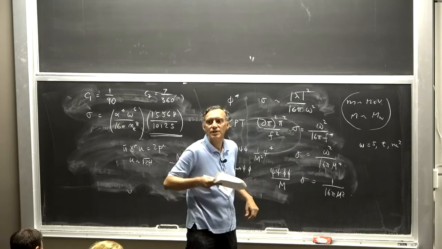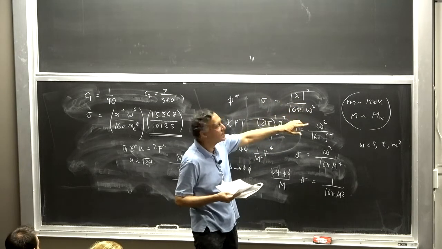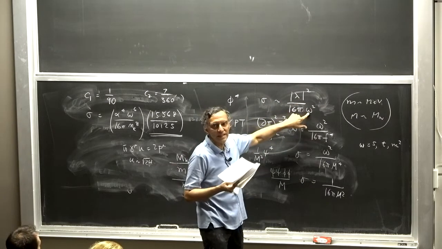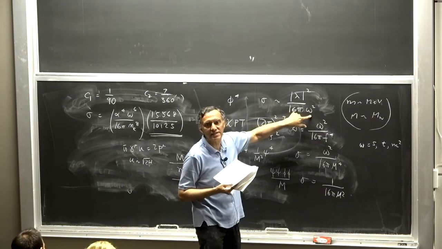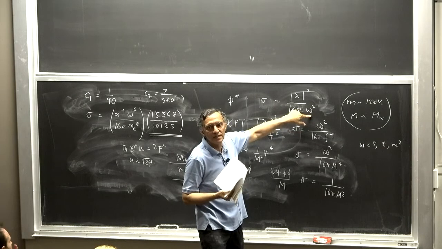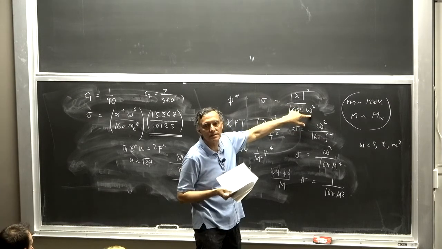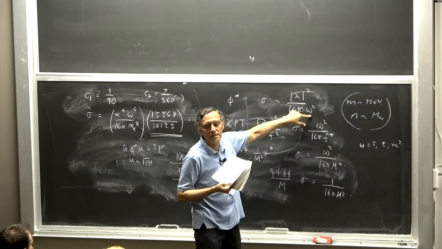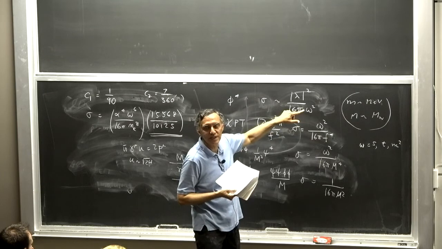No, that's what Tom's question was. So they're all the same scale, right? If you now have a massive scalar, then you've got to put in the details of what this omega squared actually is. It's something of dimensions of the light scale squared. And I'm not worrying about that here. So we're just doing these estimates. To really get the cross section, there's a lot of work you have to do.